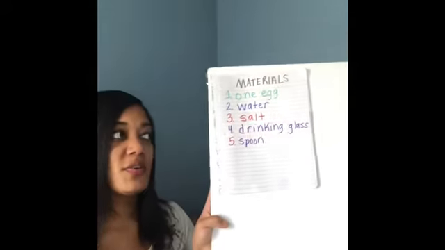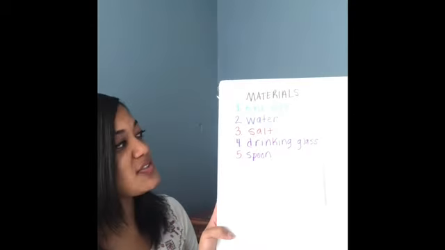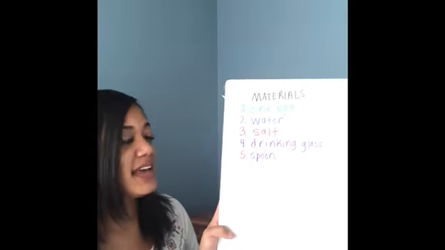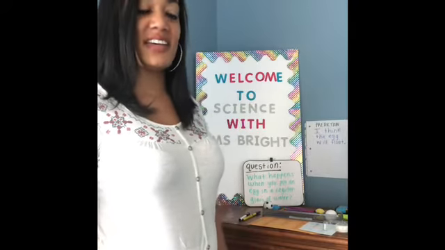All right, so our materials are 1 egg, water, salt, drinking glass, and a spoon. We're gonna go ahead and get started on our investigation.